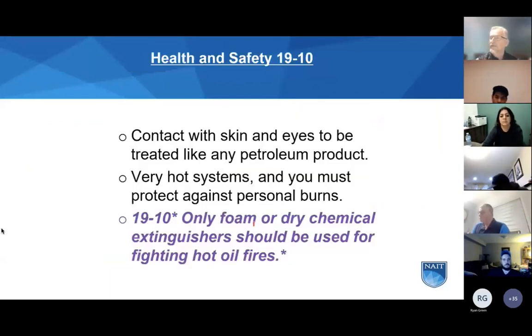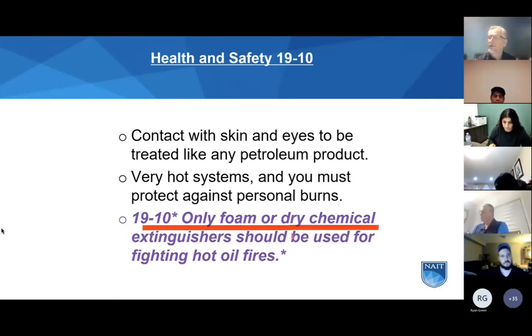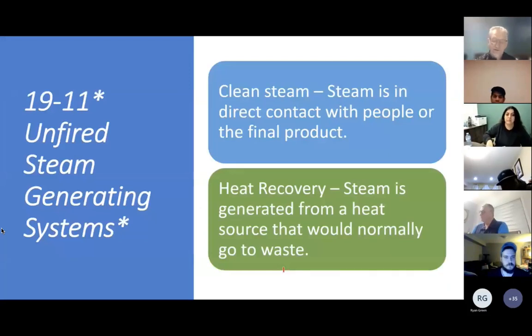Health and safety: if we do get a fire, these kinds of units will have dedicated fire extinguishers and/or deluge systems. We look at those deeper in some other chapters. Remember, we use foam or dry chemical for fighting hot oil or Class B fires, right? And we'll learn the classes in other chapters.